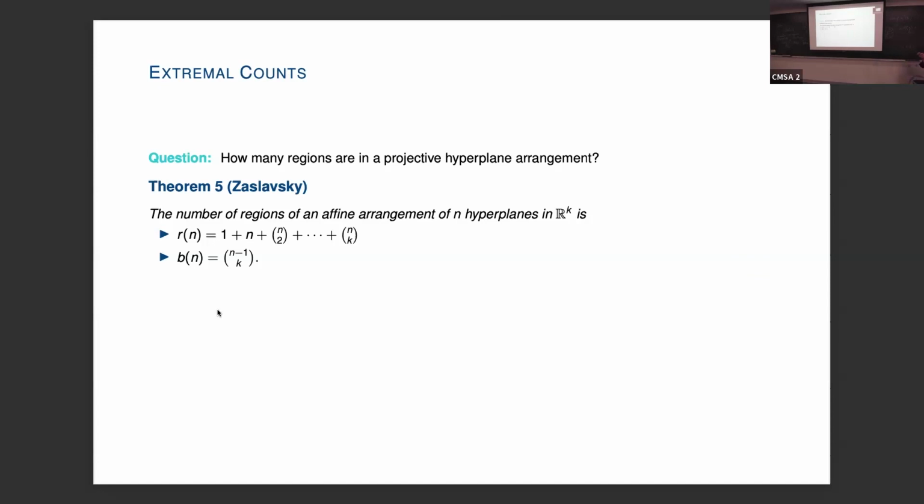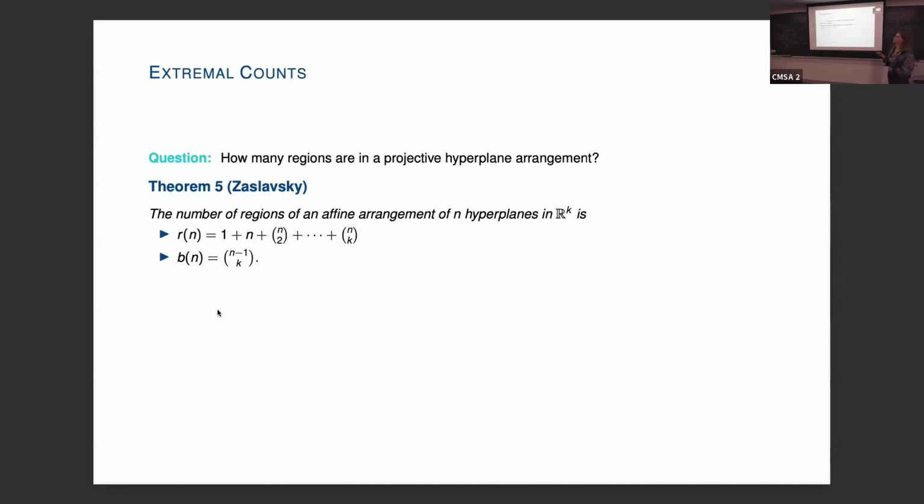And any projective hyperplane arrangement induces an affine arrangement if we dehomogenize, and we can dehomogenize away from intersections of hyperplanes. And so if we do that, then we get an affine arrangement, and any bounded region in our affine arrangement is a region of our projective hyperplane arrangement. But now the unbounded regions of the affine arrangement, if we want to go back to the projective hyperplane arrangement, they'll be in pairs that match up.